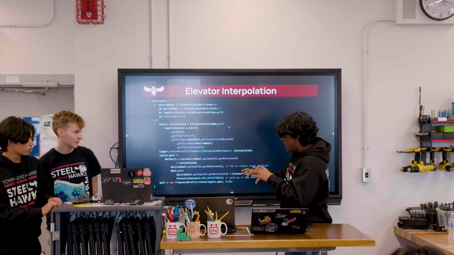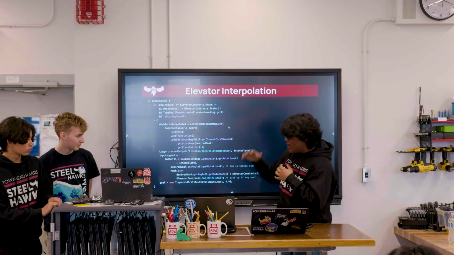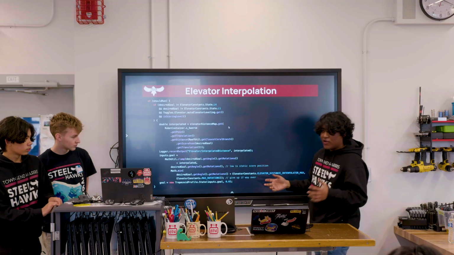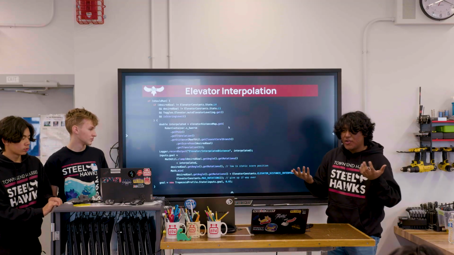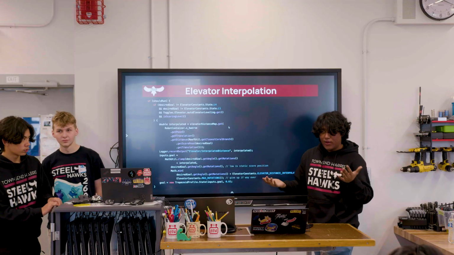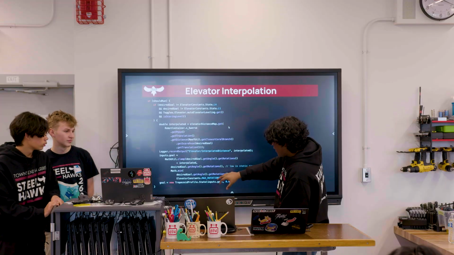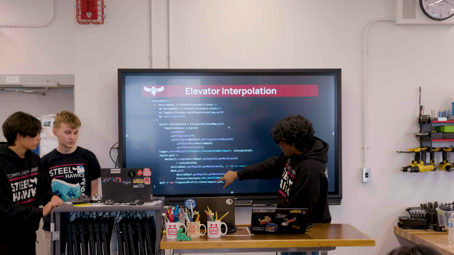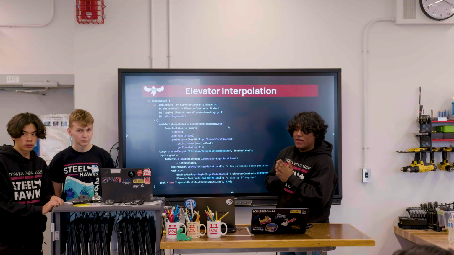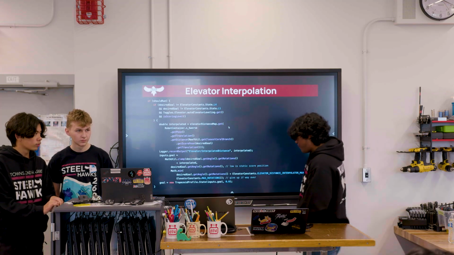Your goal plus your interpolator value gives you your new set point, and you're clamping that between the static score position, which is your minimum value because you shouldn't go below it, and your maximum value, which is how high your elevator can go. It's just an interval. You have to be in between this interval.